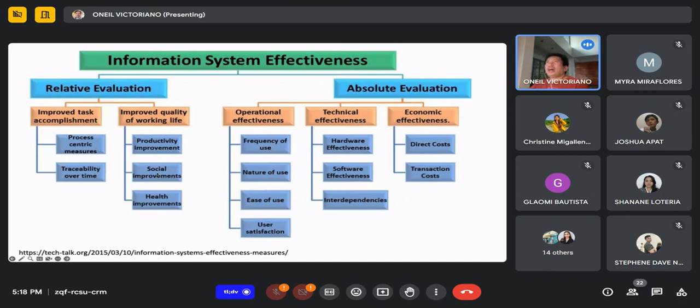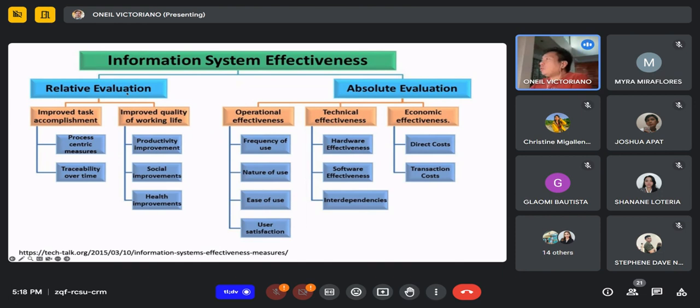So also, information systems would be able to look into efficiency. One of the main objectives as analysts is to be able to validate the effectiveness of information systems, because it really equates the importance of the information systems.